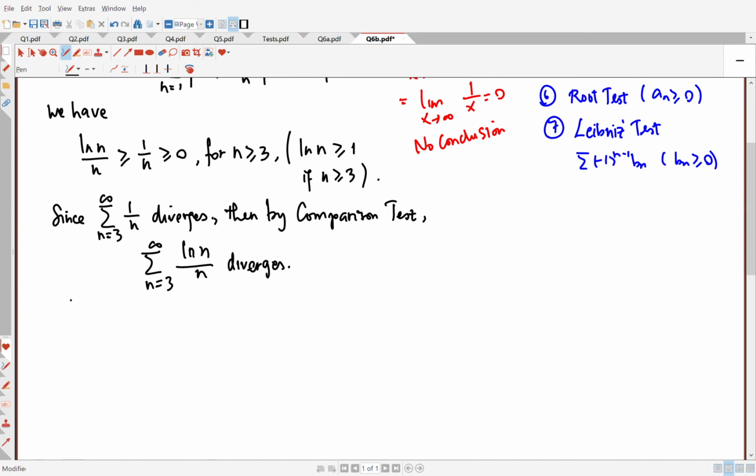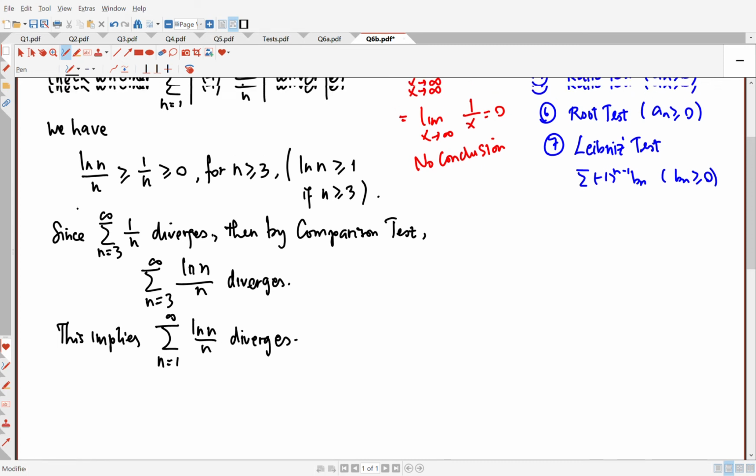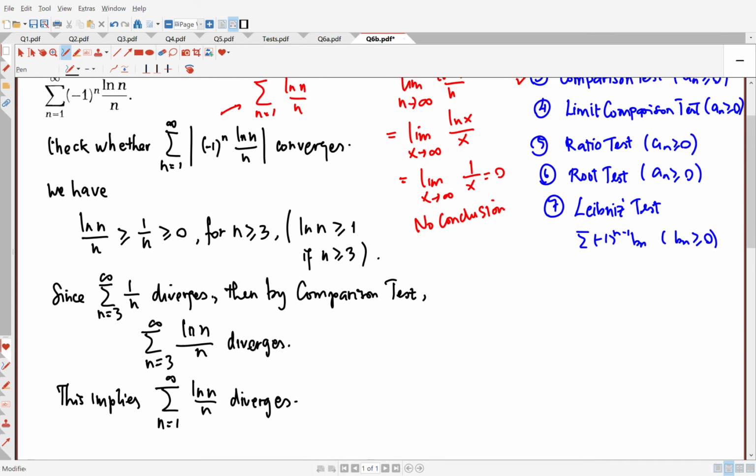Okay, this also implies the sum n from 1 to infinity of ln n over n also diverges. Okay, so we are unlucky because this means this is not converged absolutely.